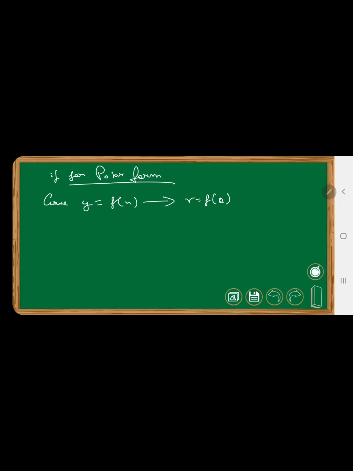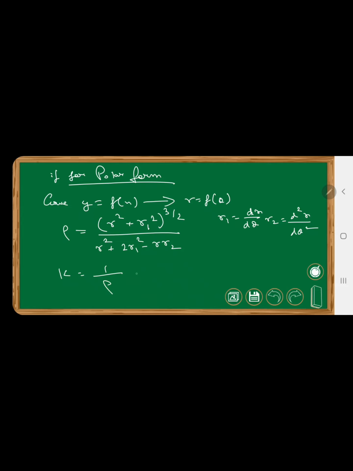If this is the form in which the equation of the curve is provided, then the radius of curvature formula is (r square plus r1 square) whole to the power 3 over 2, upon (r square plus 2 r1 square minus r times r2), where r1 is dr over d theta and r2 is d2r over d theta square. Clear? And k is the same as 1 over the radius of curvature. Do memorize these formulas.